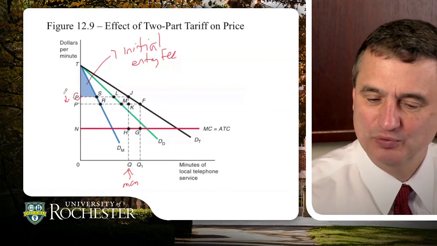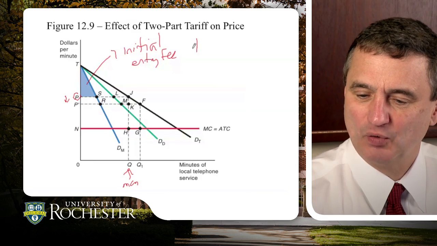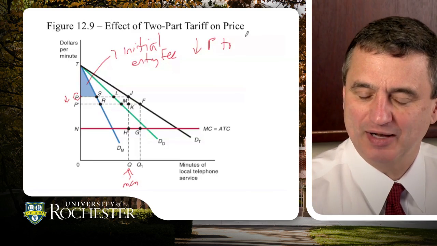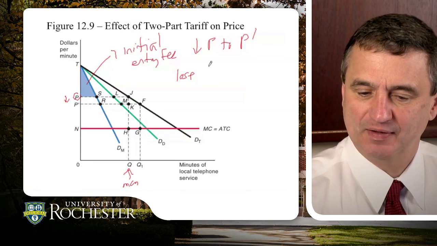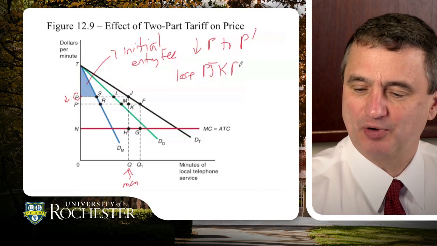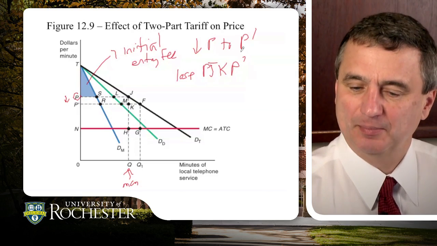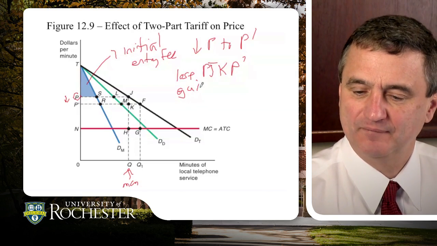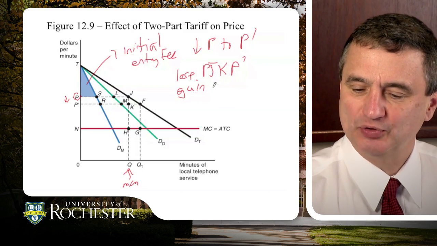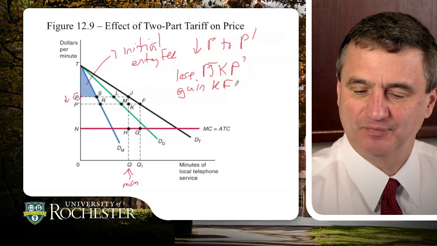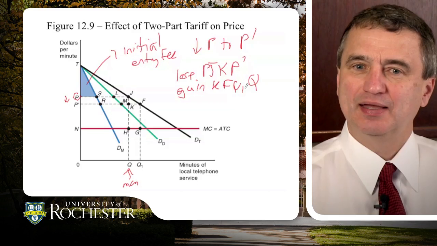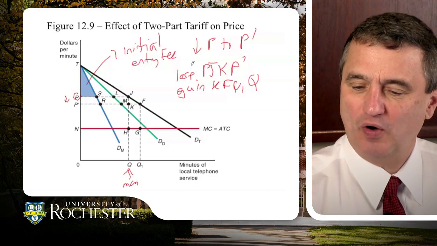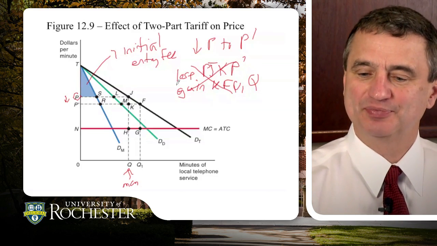So we would lose, by lowering price to P prime, P, J, K, P prime, but we'd gain revenue on the incremental units, K, F, Q1, Q. And for small changes in price and quantity, these would roughly offset each other.